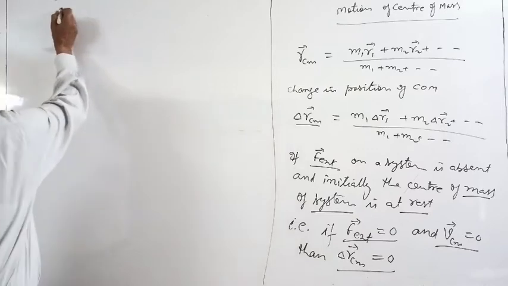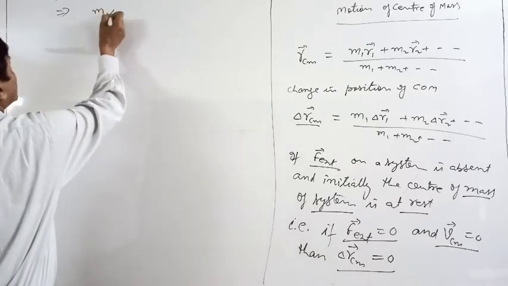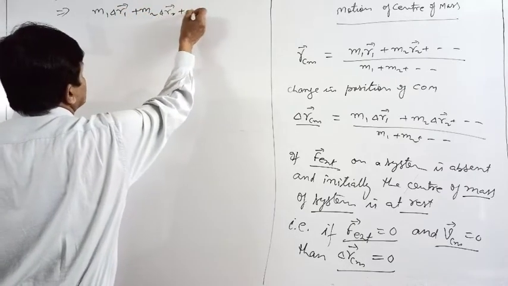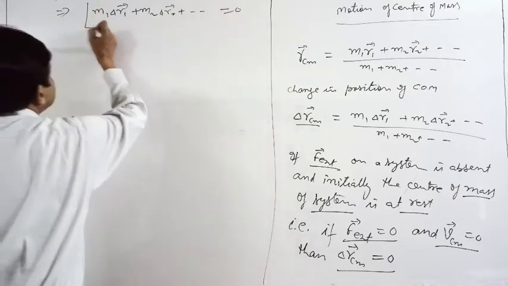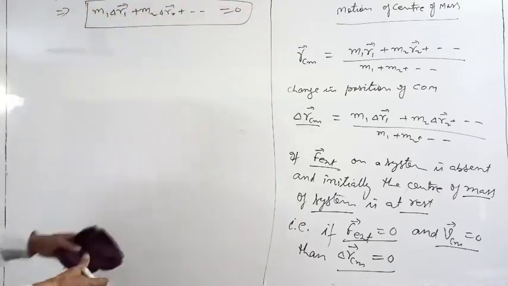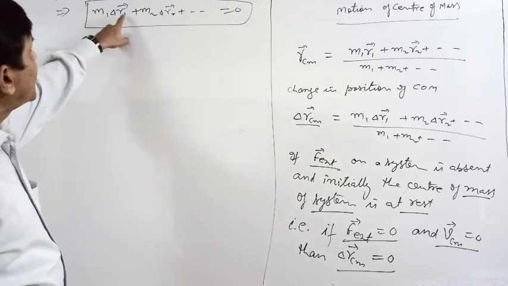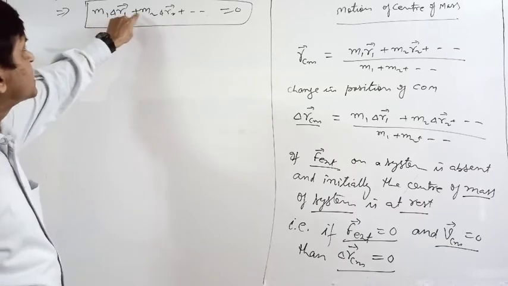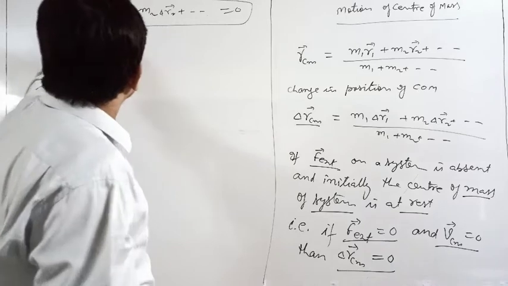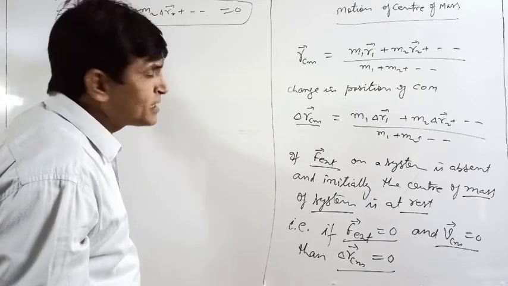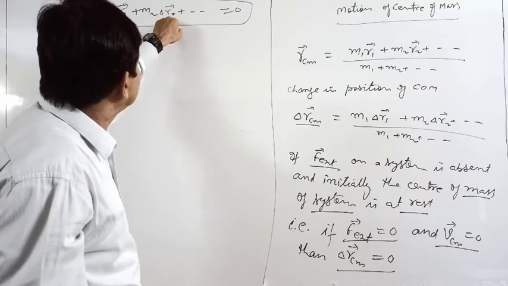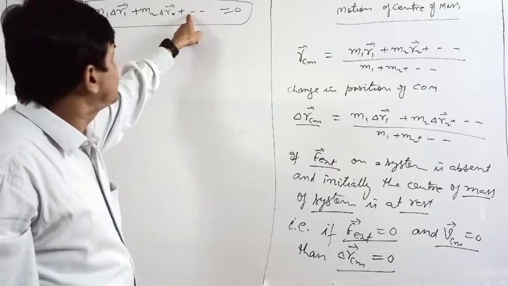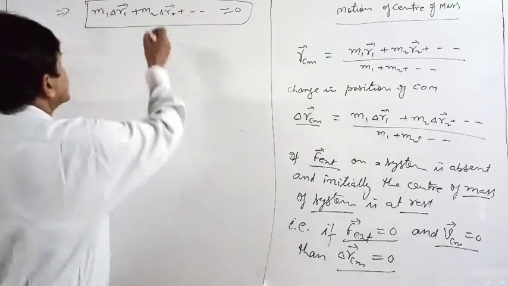Then we can write M1 delta R1 plus M2 delta R2 likewise will be 0. It means even though the different particles are moving, their motion will be like that: M1 into change in position of M1 plus M2 into change in position of M2 plus M3 into change in position of M3.